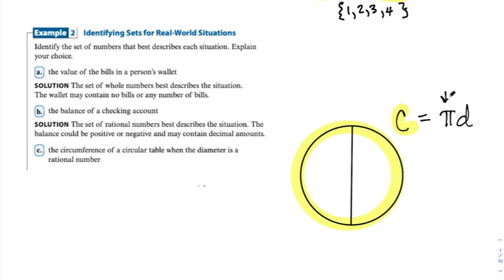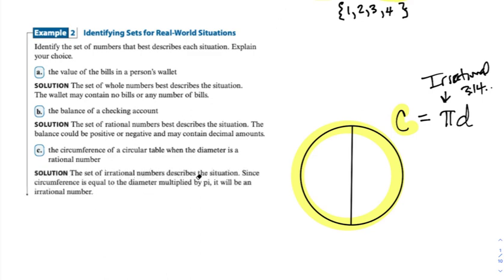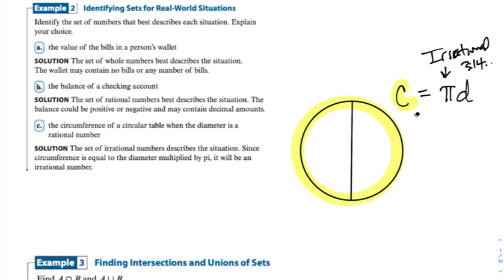Now pi, as we mentioned before, is an irrational number. It is approximately 3.14, but it continues on and on and on. When I multiply that by d, which is a rational number, it won't change the fact that this is irrational. So a rational times an irrational is still irrational. So what that means is that the circumference that we get would be an irrational number because that would describe the situation. All right. Hopefully that's a little bit of review and that wasn't too bad.